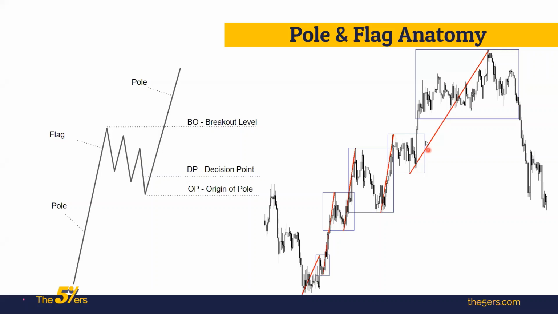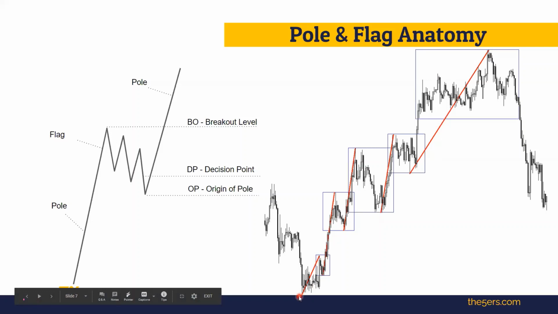I'll show you how it looks on the chart. So here's a sample from a few days ago. I think it's the Kiwi, if I remember right. So this is how it looks for real. So we have a pole from the very origin to the highest point.